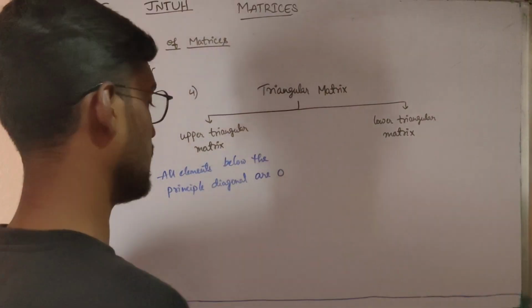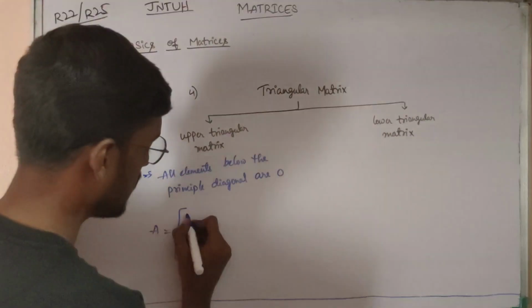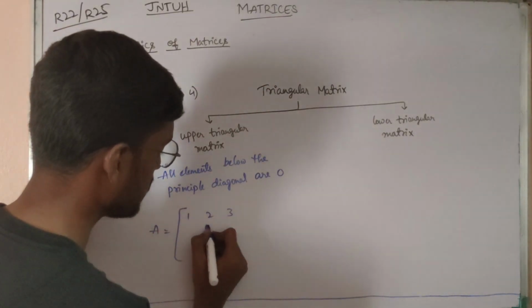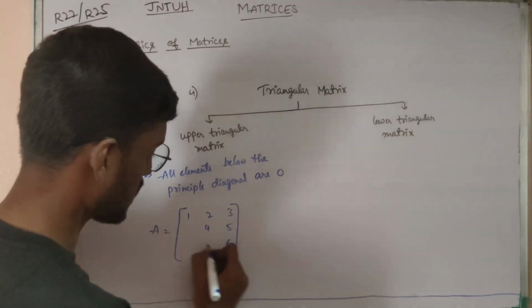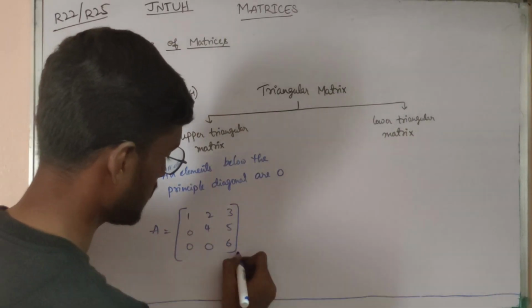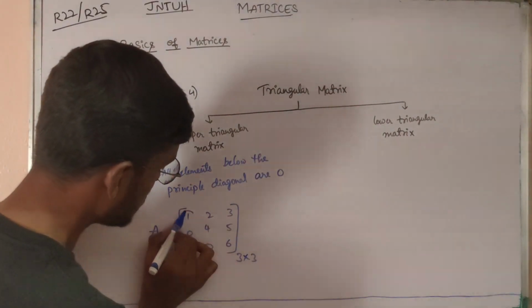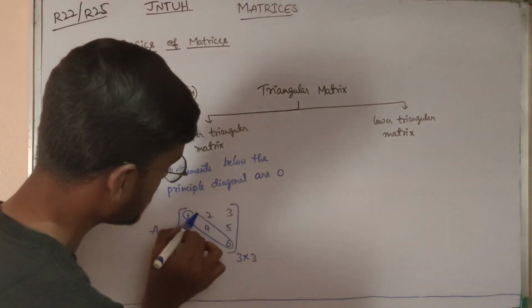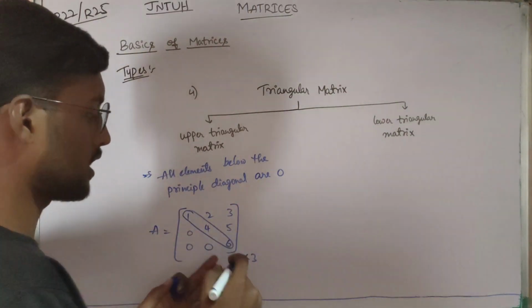I will explain with an example. Let us take a matrix A: 1, 2, 3, 4, 5, 6. This is our matrix of order 3 by 3. This is our principal diagonal, and 1, 4, 6 are the principal diagonal elements.